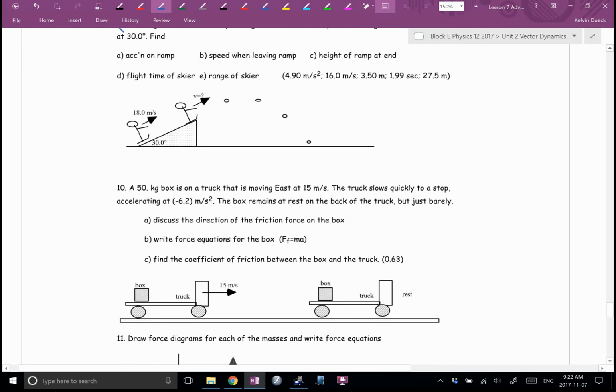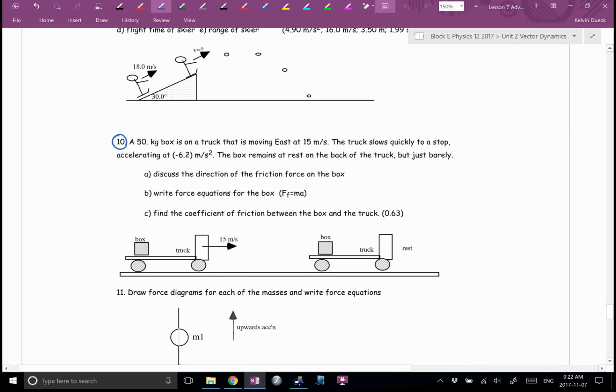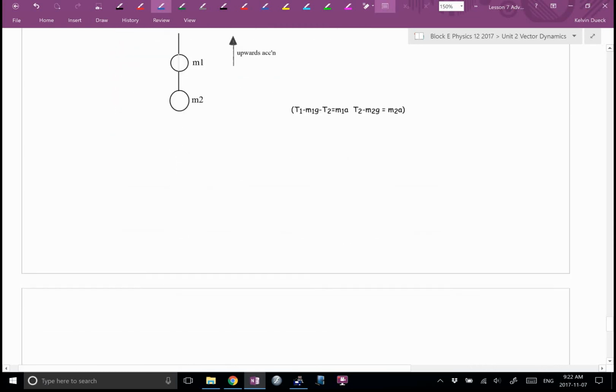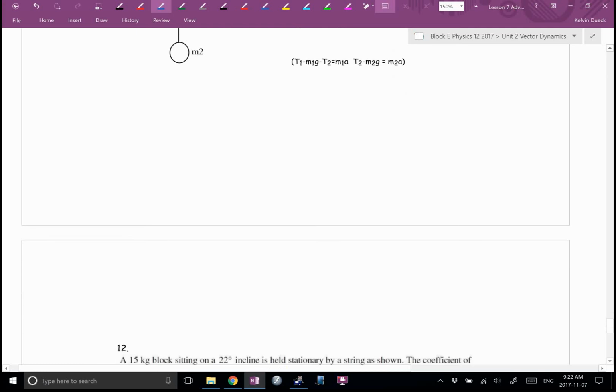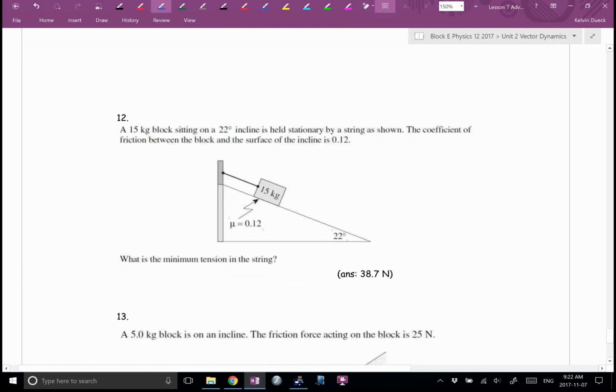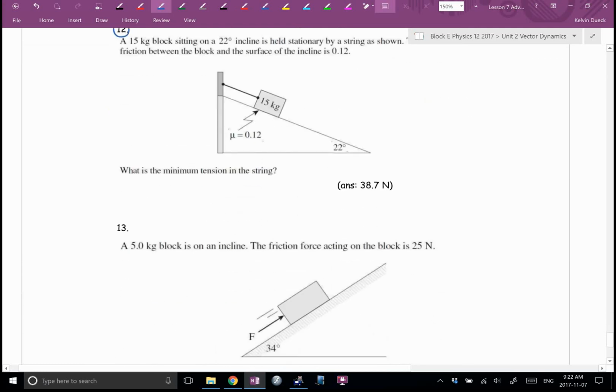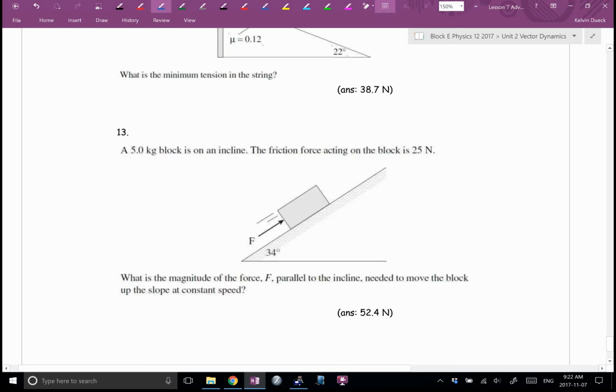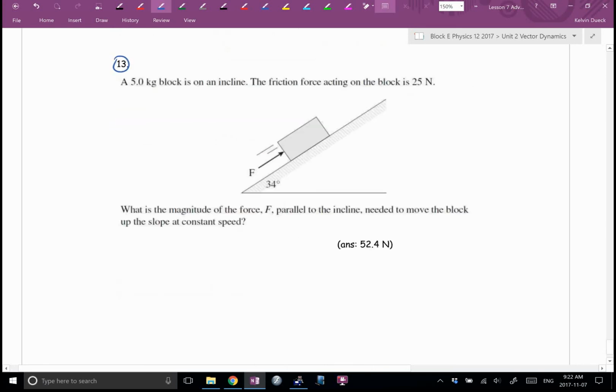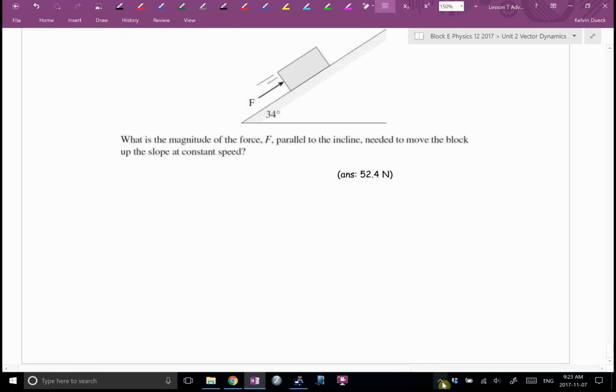Skip 9. Ten is good. Skip 11. 12 is good. 13. That's a lot, I know.